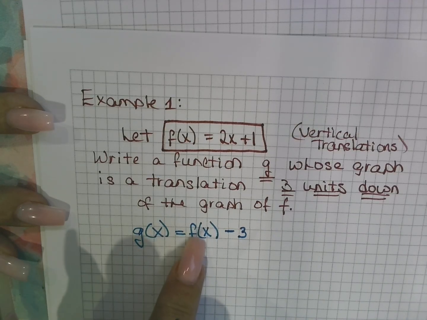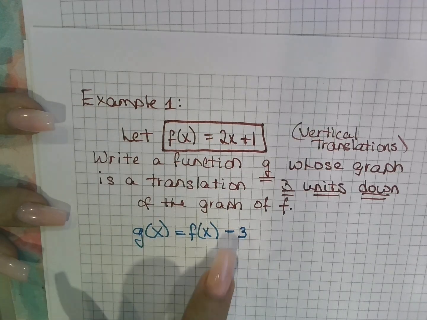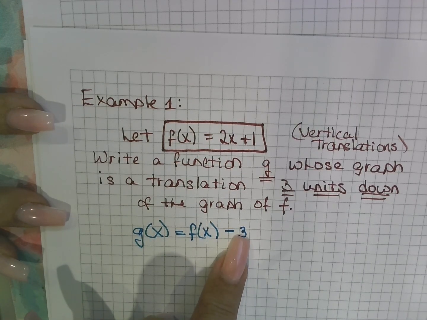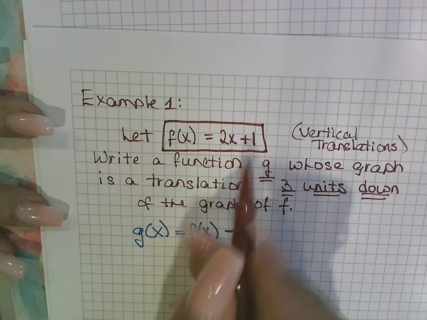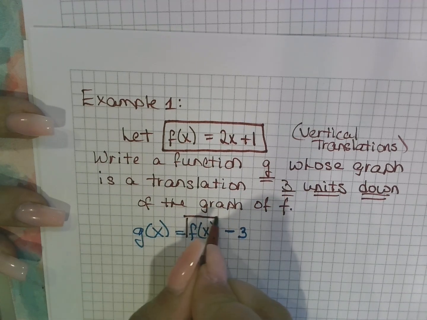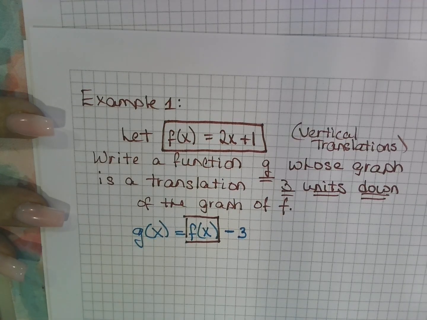G of x is the function of x minus 3, because remember, vertical translations occur outside the function. So it's going to be outside of here. All right, so now you're going to see that f of x is this. We're going to substitute the value of f of x for f of x.